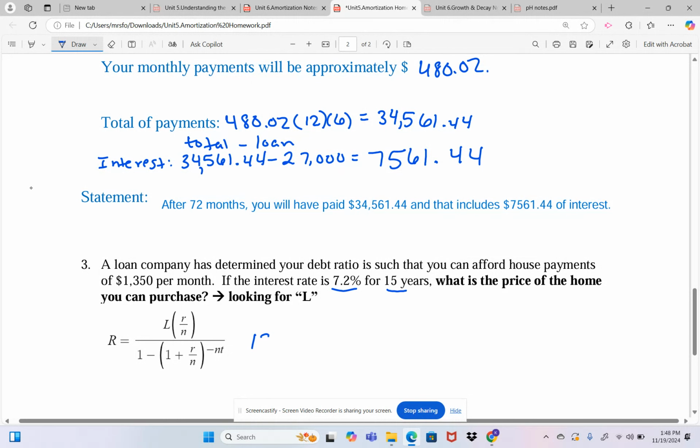So this would be 1350 equals L times 0.072 divided by N, which is you're making monthly payments, divided by 1 minus 1 plus 0.072. And truly, that's 7.2%.